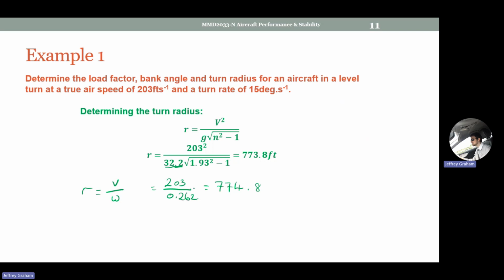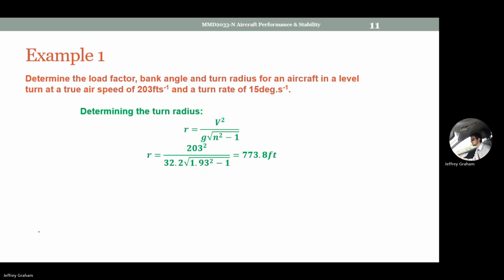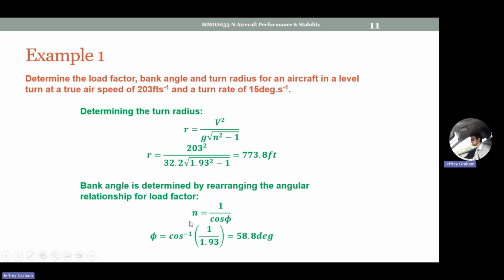There are a few more decimal points on that, and it's all about what accuracy you put n in as well. Finishing them off, bank angle: we know the load factor, so you can very quickly get the bank angle by rearranging it. So 58.8 degrees, and that should answer our question.